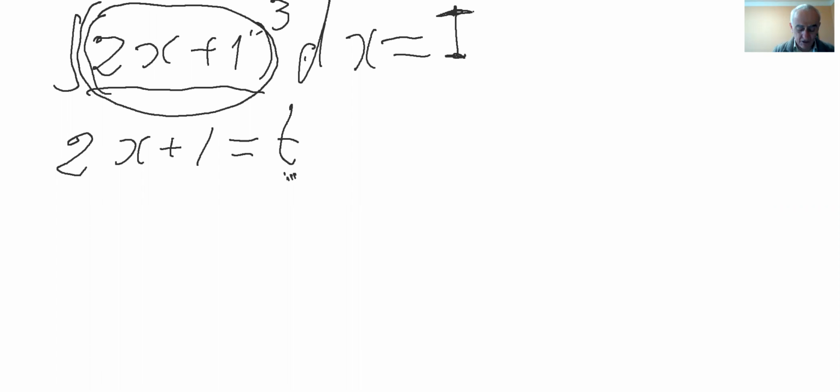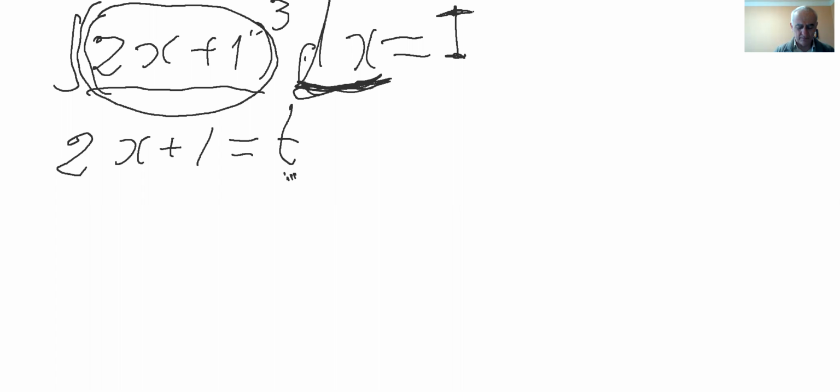But the question is, what about dx? There will appear two variables, but I don't need two variables. We need to have one variable and a simple expression. Any idea how can I substitute this dx?